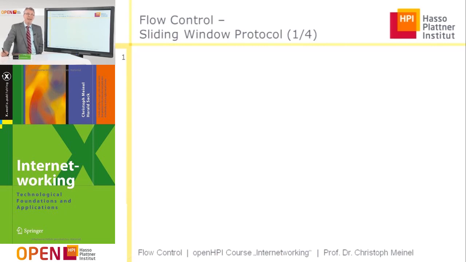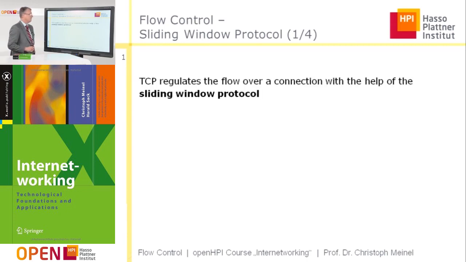Now we consider the mechanisms that are used by TCP to control the flow. What we speak about is the sliding window protocol, which helps TCP to adjust to changing load situations in the network.